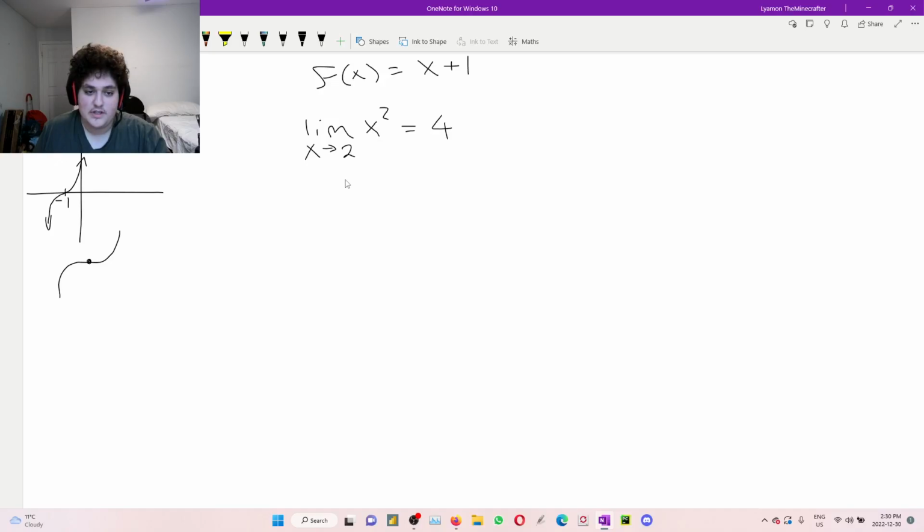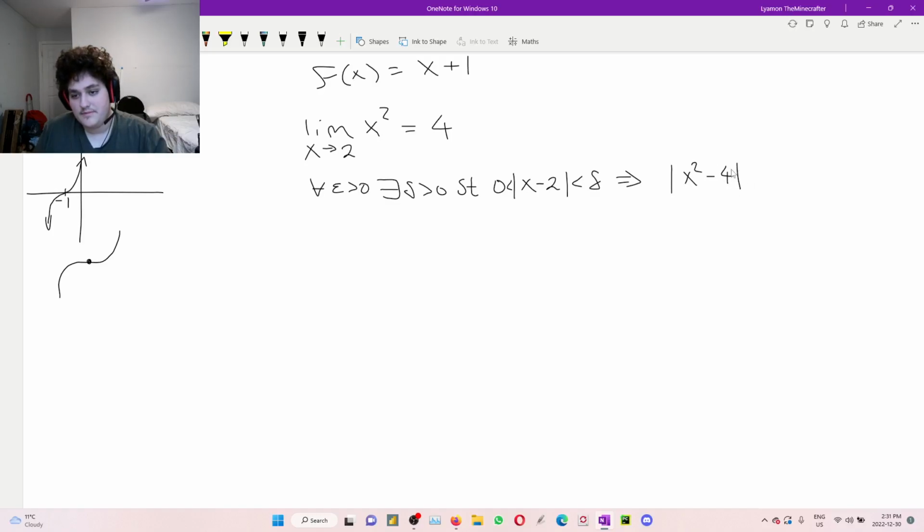If I want to prove that, first I'll write what we're trying to prove, that for all epsilon there exists delta such that if the distance between x and the value it's approaching is as close as we tell it to be, and greater than 0, then we can guarantee that the distance between x squared and 4 is arbitrarily close, right?